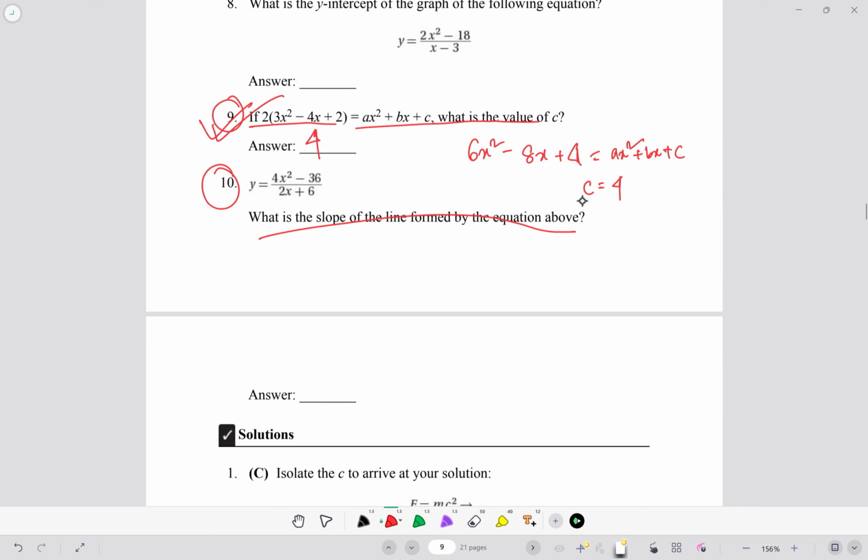You're just telling the term with x, that the slope is 2 here, because it is 2x plus 6. From that we can tell the slope of the line is 2.